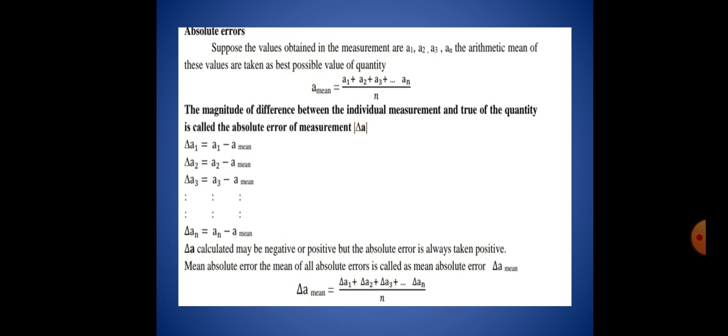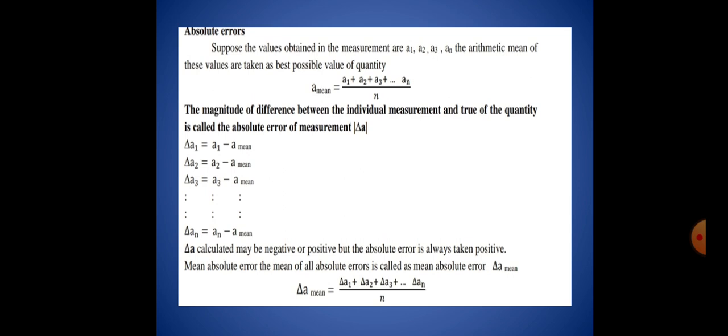for each individual measurement which you have noted. Now for the first measurement, if you are asked to find the absolute error, then delta a1 is equal to a1 minus a mean. Here delta a1 represents the absolute error of the first measurement, which is equal to your individual measurement a1 minus a mean.